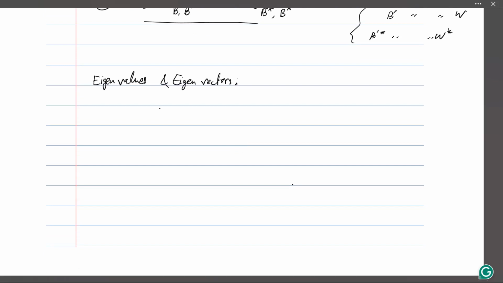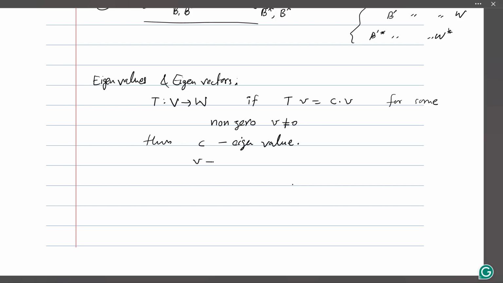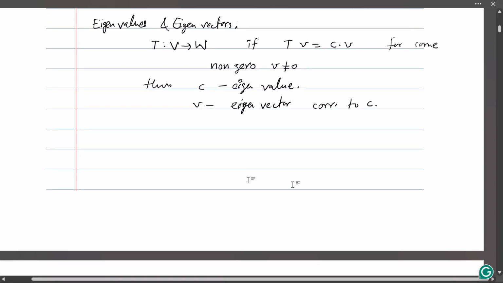Okay, so given a linear transformation T from V to W, if you have a relation like this, T of v equal to c times v for some non-zero vector v, then c is called an eigenvalue and v is called the corresponding eigenvector, an eigenvector corresponding to c. Okay. So this is how it was defined.